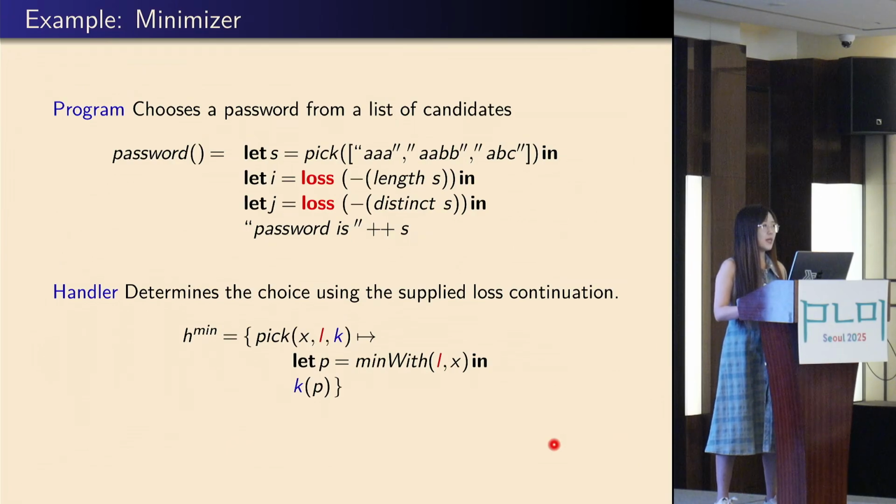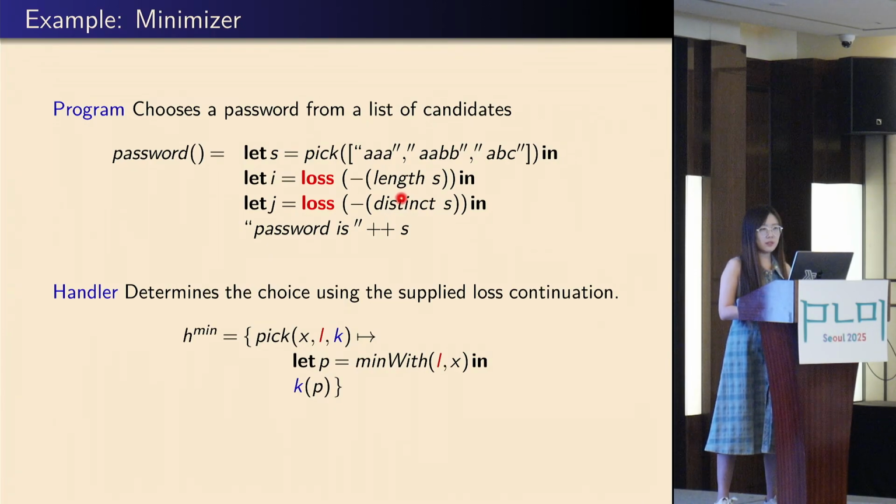So let's see some examples to demonstrate how things work. As a very simple example, we can look at a minimizer handler. In this case, the program password tries to choose the password from a list of candidates. It calls this effect operation pick, and it provides a list of candidates. Whatever candidate is chosen, this program says there is a specific loss associated with your choice of the password.